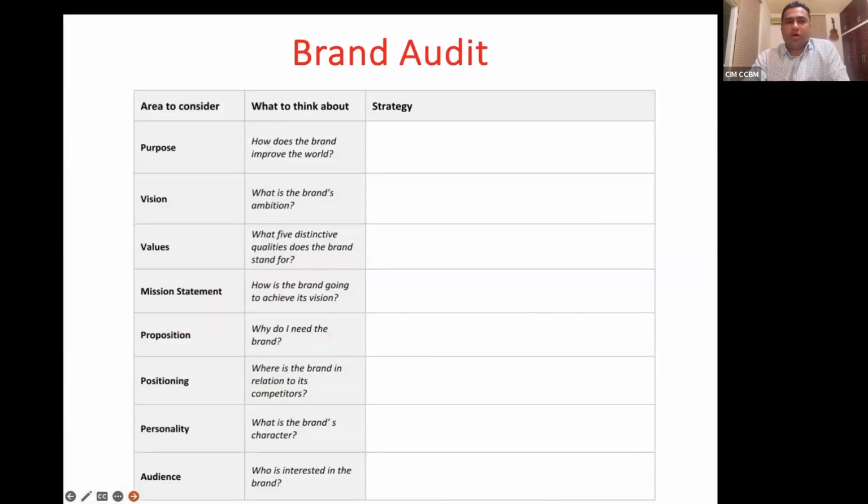Now, when we look at a brand audit, guys, I'm going to look at different frameworks. This framework is given by CIM. Then I'm going to look at another process that I have written in my book. What do you mean by audit? Audit means you take stock of the current situation.